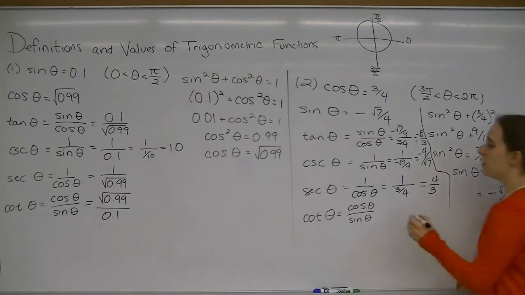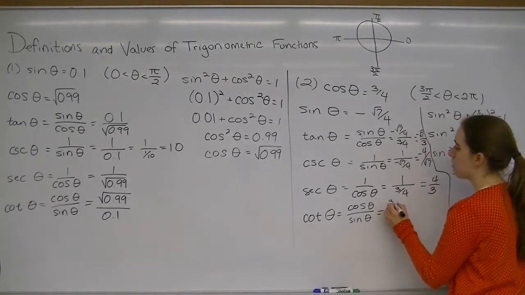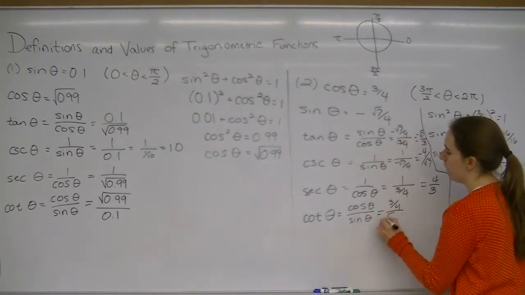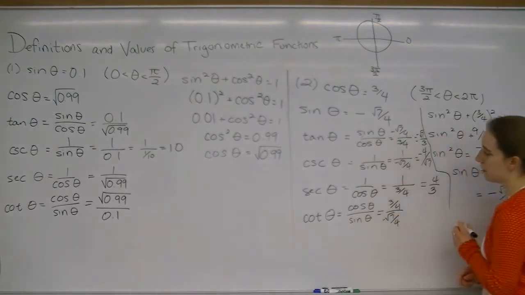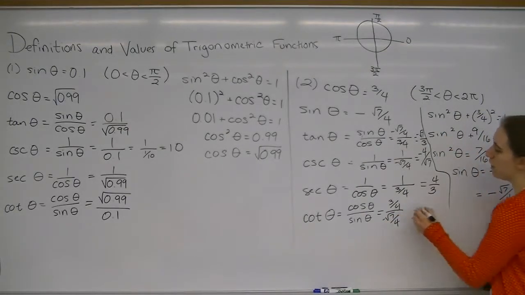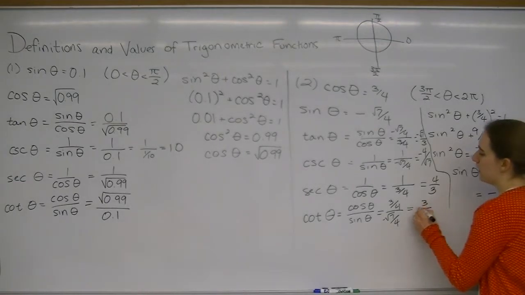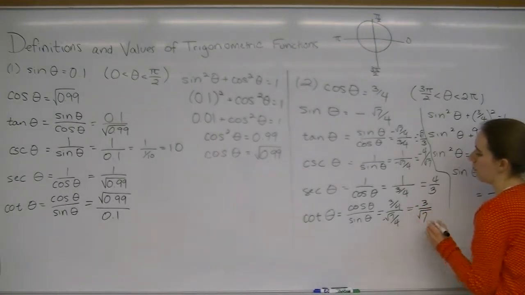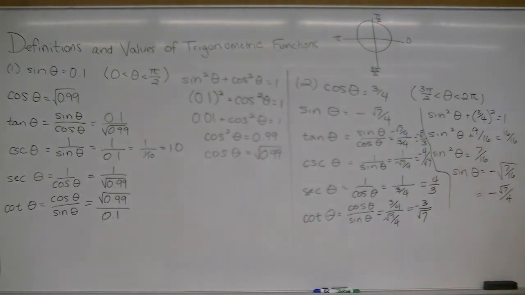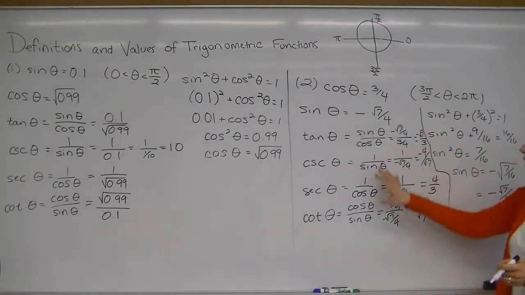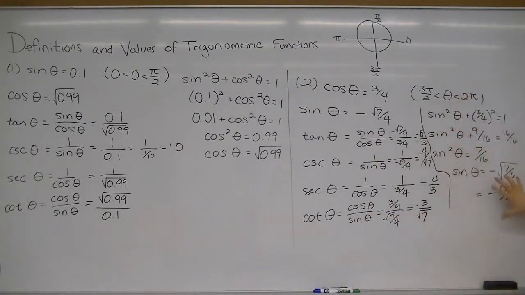And then down here, I end up with 3/4 over negative square root of 7/4. So again, the bottom fraction flips. When I multiply that times the top, the 4's will cancel. I get negative 3 over the square root of 7. So again, we were able to find all of our different pieces using definitions and one Pythagorean identity.